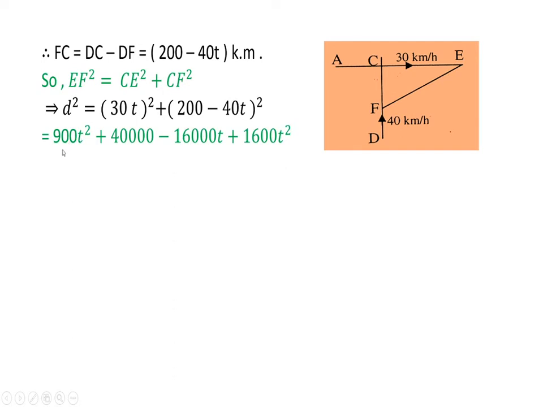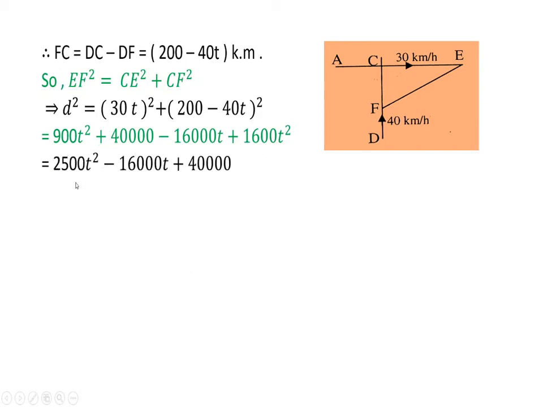Here d square equals 900T square plus (200 minus 40T) square, because (30T) square equal to 900T square, and here apply the (a minus b) whole square formula, then we get 40,000 minus 16,000T plus 1600T square.